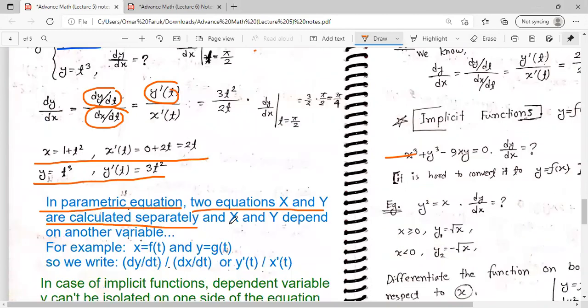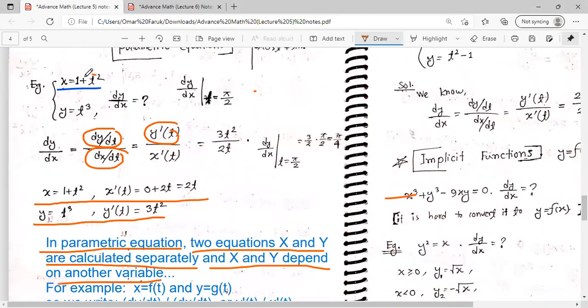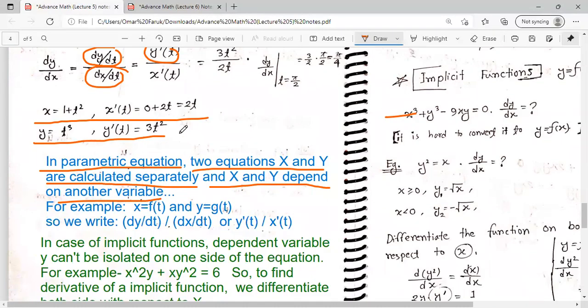And x and y depend on another variable, which is this t, right? They depend on this variable t. So this is the definition of a parametric equation.